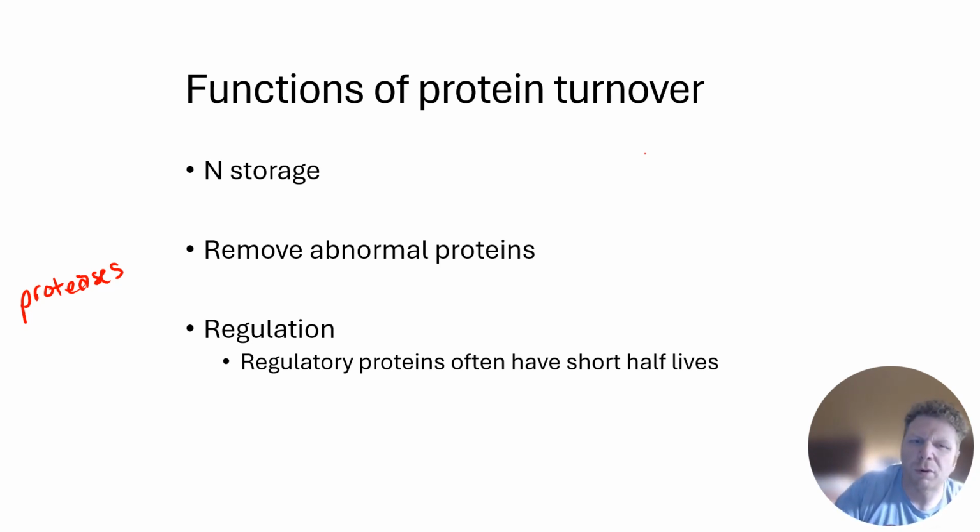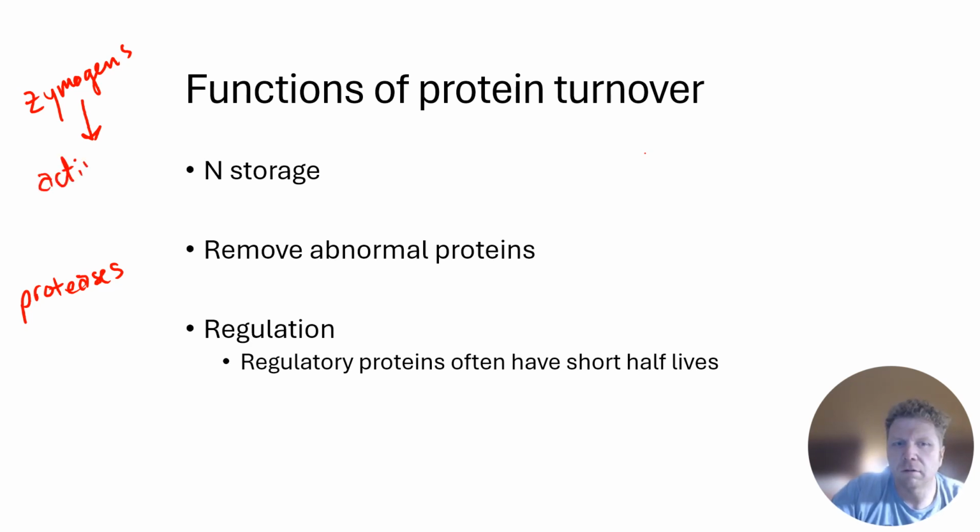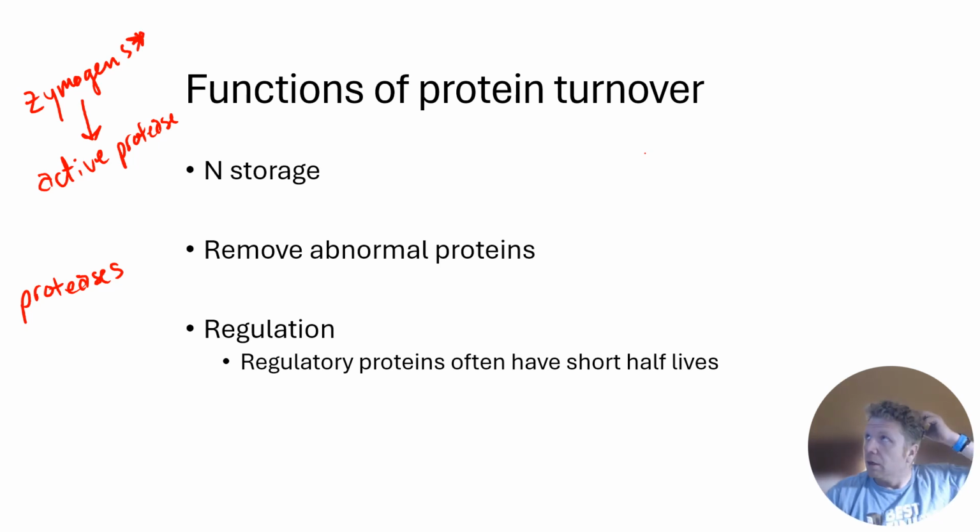Now, if you remember, proteases are first made as zymogens. Those zymogens undergo proteolytic activation or proteolytic cleavage, which leads to an active protease. Let's focus here on these zymogens. They're free in a cell, but they're not doing anything.